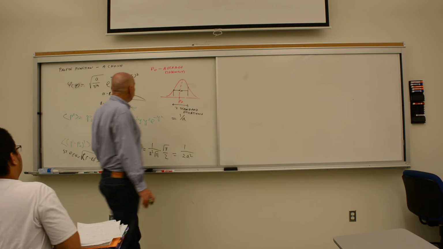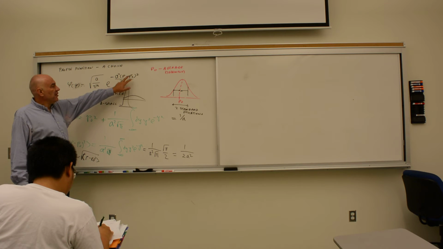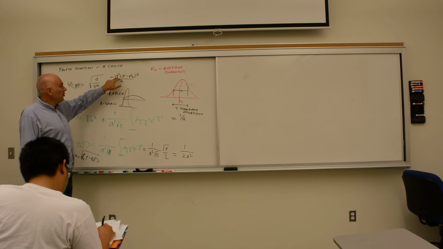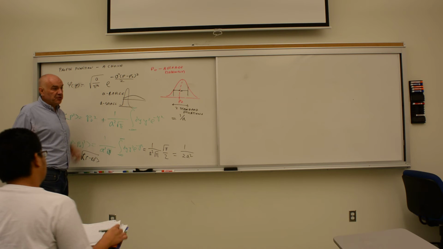Okay. So now we have a full interpretation of what these parameters are. This is the average momentum. This is the width, or the standard deviation of the momentum distribution.